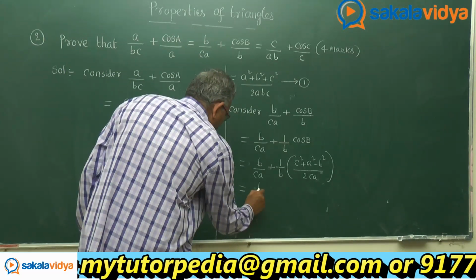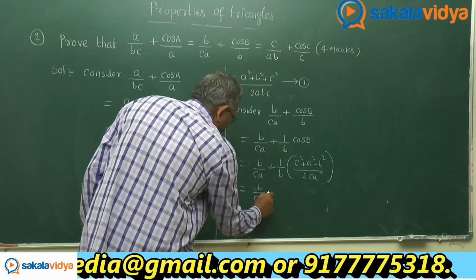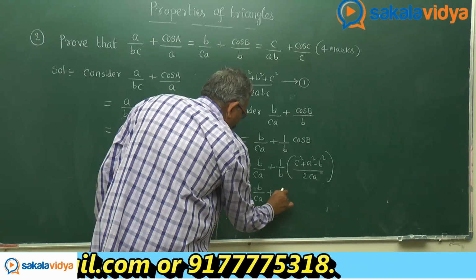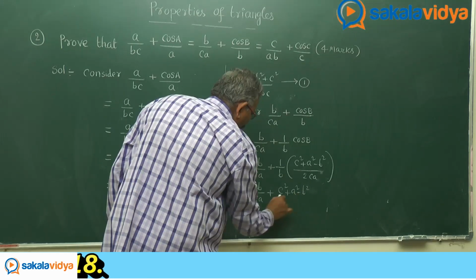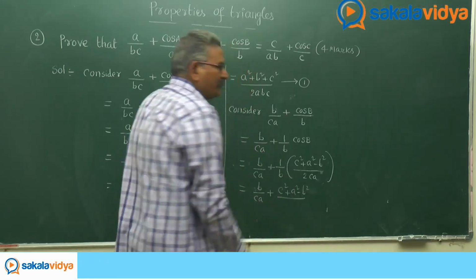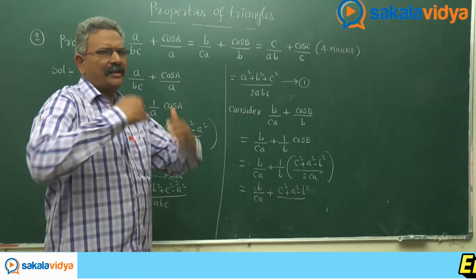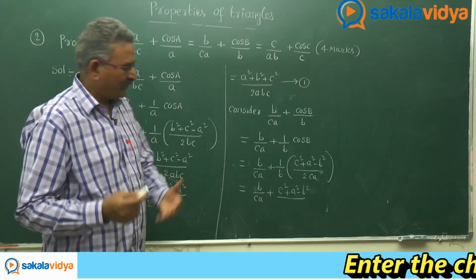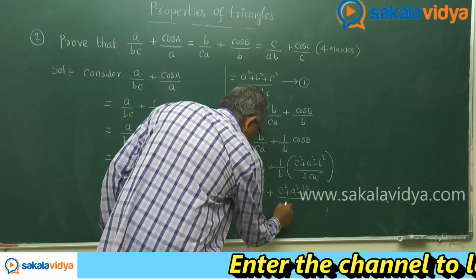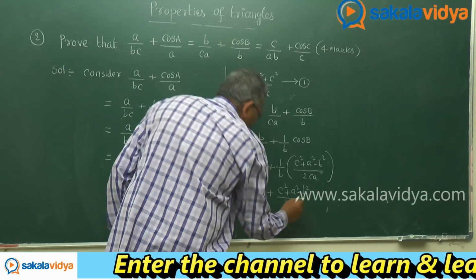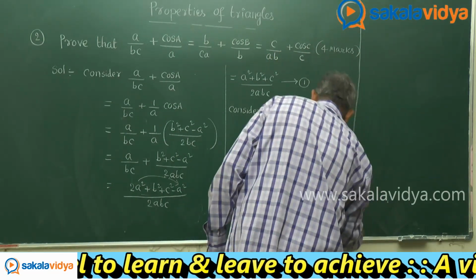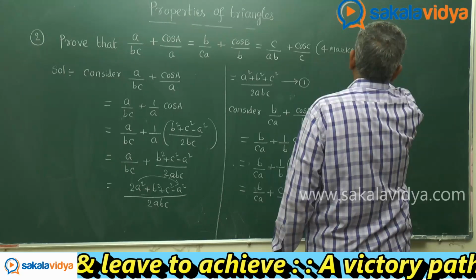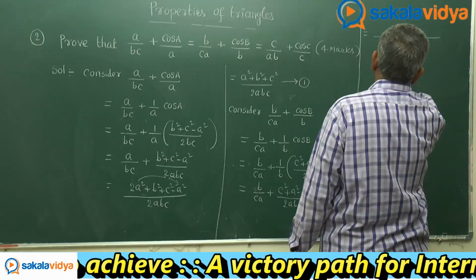Here b/ca plus (c² + a² - b²)/2ca multiplied by b. In cyclic order, we can write 2abc. So now you can expect the next step. The next step is LCM, that is 2abc.